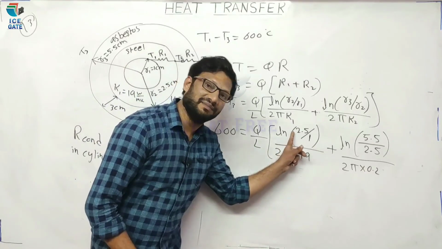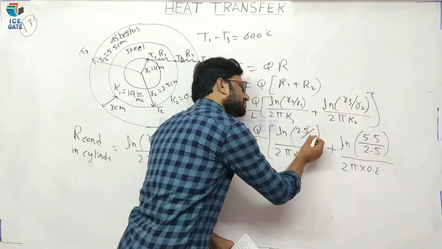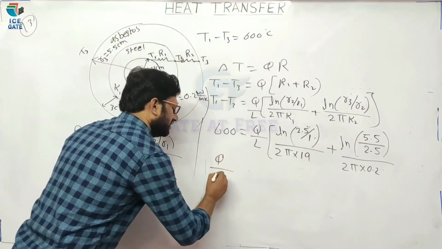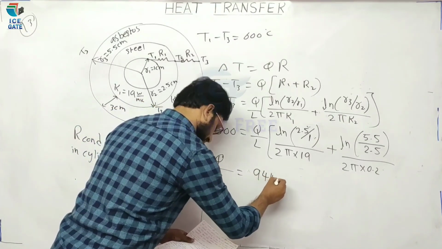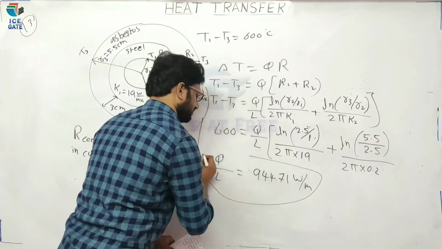Here there is no need to convert to meter, because if you convert, the numerator and denominator both get 10 to the power of minus 2 and it cancels. Therefore, the heat transfer per unit length is 944.71 watt per meter.